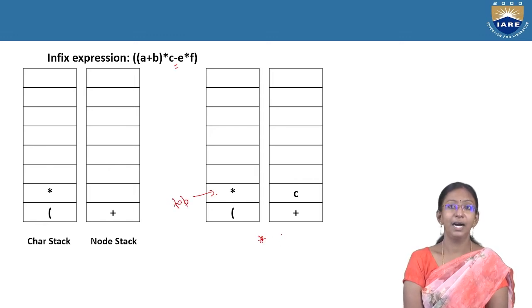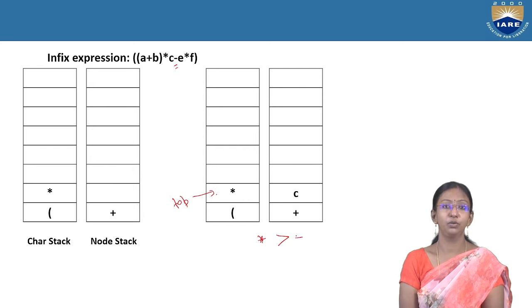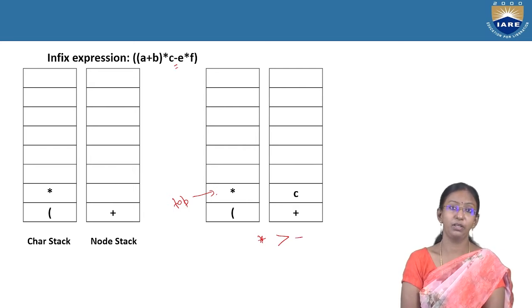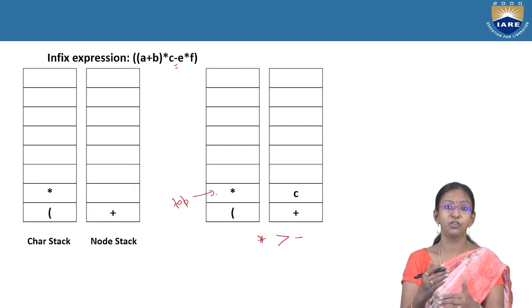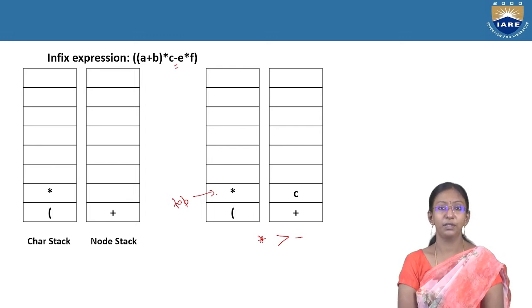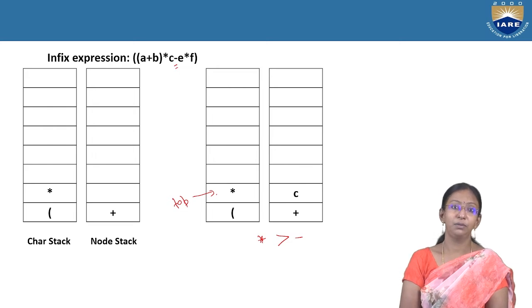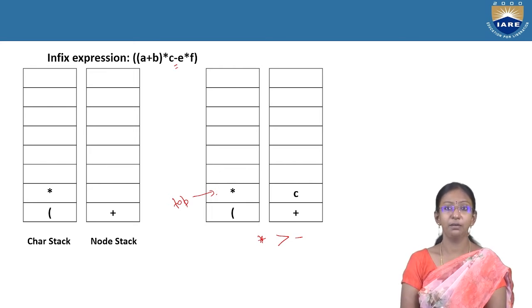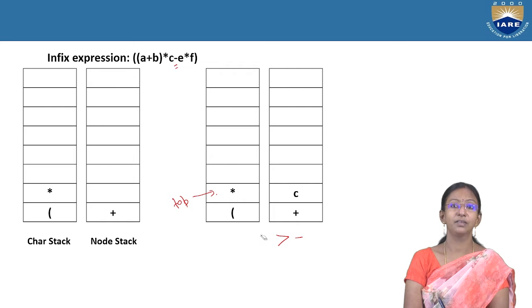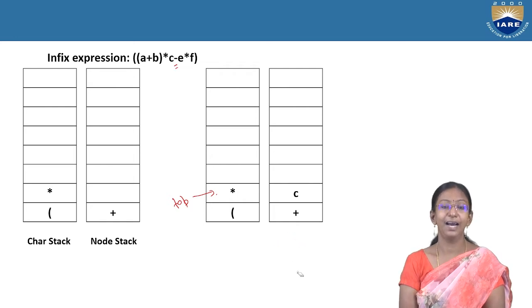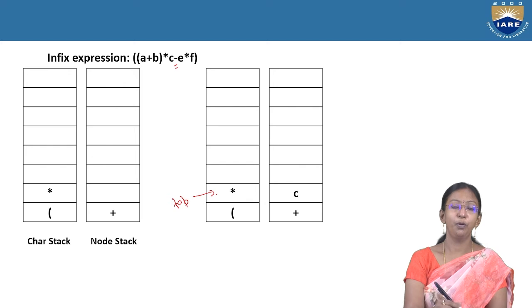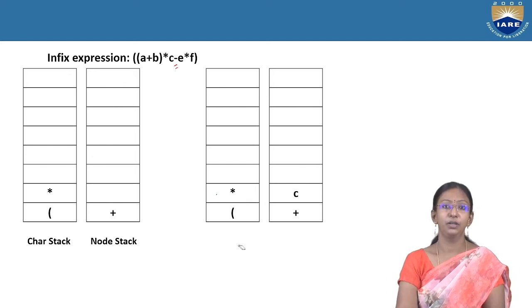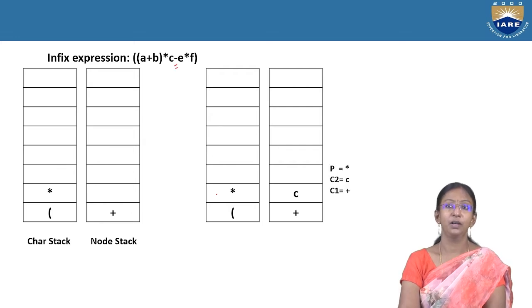Multiplication enjoys higher priority when compared to minus, in precedence. In the precedence chart within arithmetic operators, division and multiplication have higher priority when compared to addition and subtraction. As multiplication has higher priority, it will not allow subtraction to sit on its head. As it will not allow, pop it from the character stack and push it into the node stack, right?